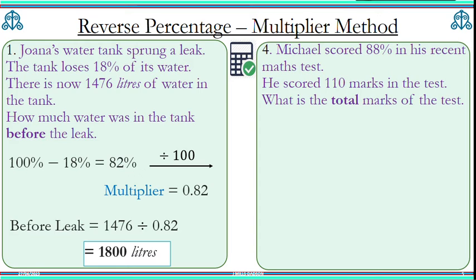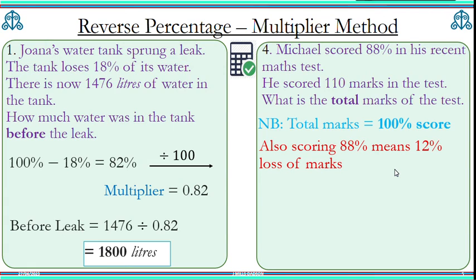So the 88% itself is the reduction of 100% minus 12%. That has already given us 88%. So total marks is 100%. So if a person has scored 88%, it means he's lost 12% of the marks.